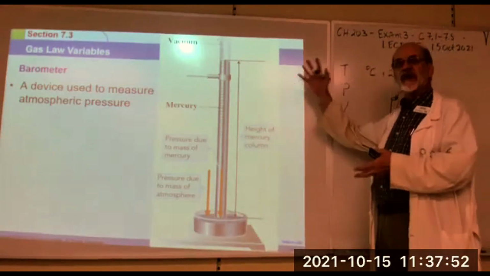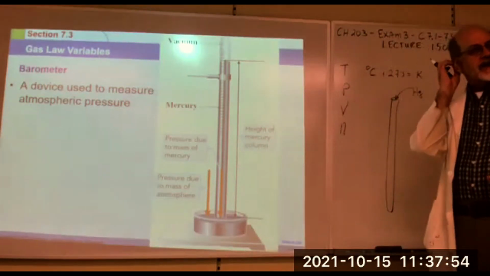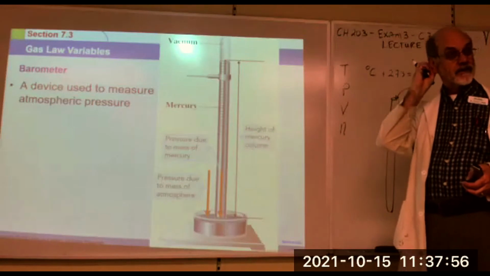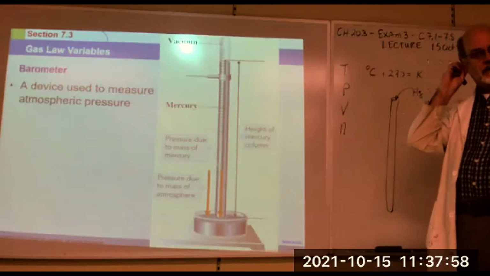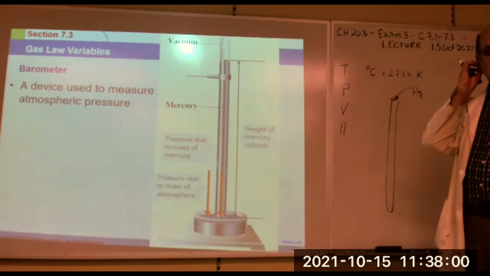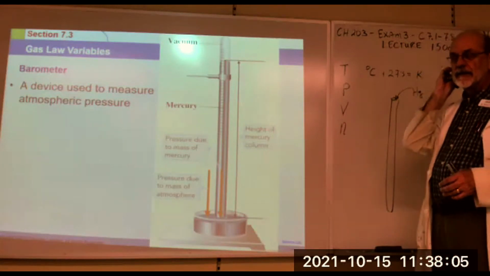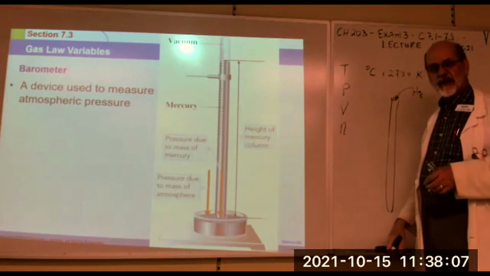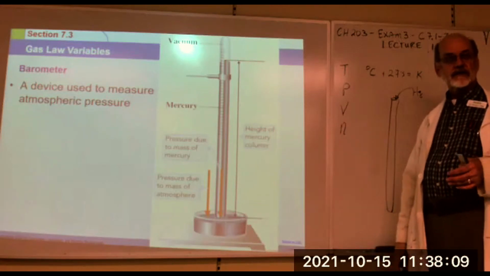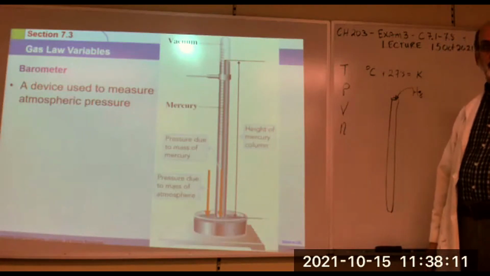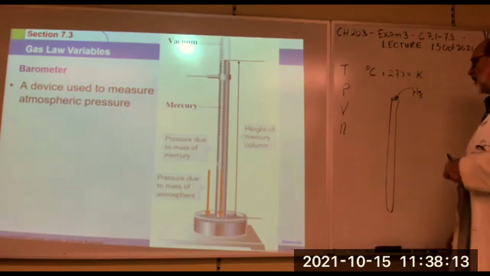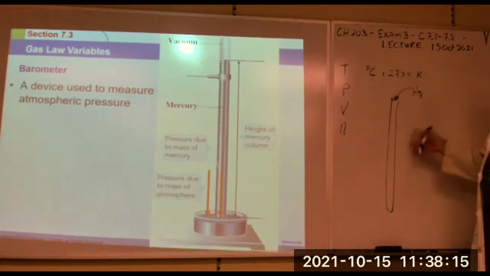That would be kind of unwieldy. So he decided, okay, I need something more dense, but it's still a liquid. And mercury was perfect. Mercury was well known in the Renaissance, in fact, before the Renaissance. And in fact, some people thought it had medicinal qualities, and they would consume it. Anyway, it was readily available.